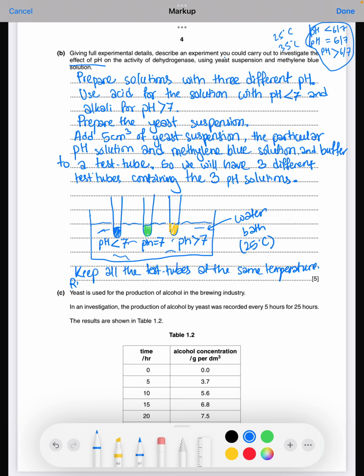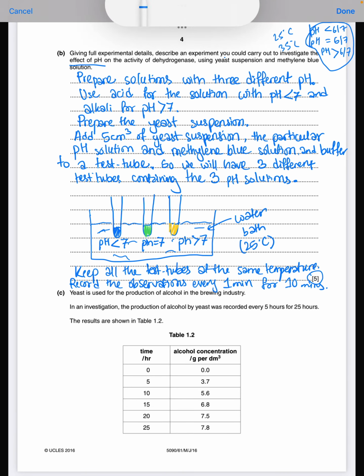So the last thing is record the observations every 1 minute for 10 minutes. Okay, that's it. So it consists of 5 points, so make sure you write down everything, and that's it.